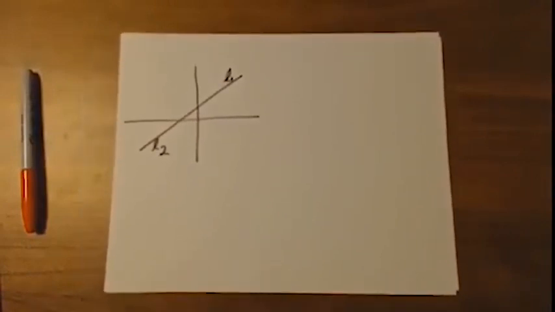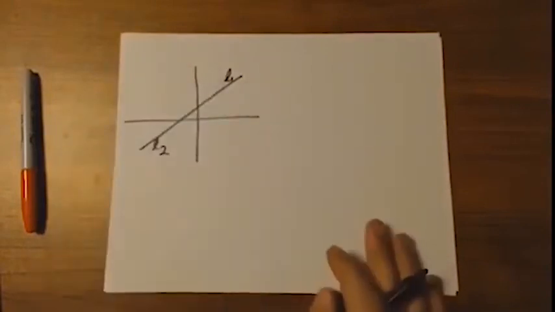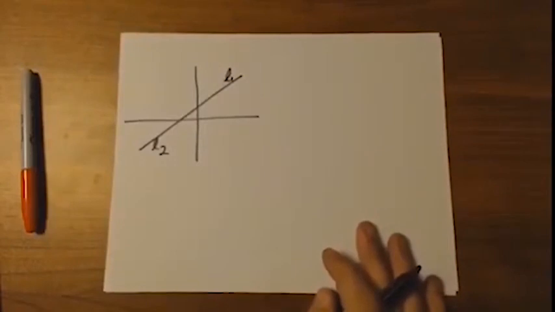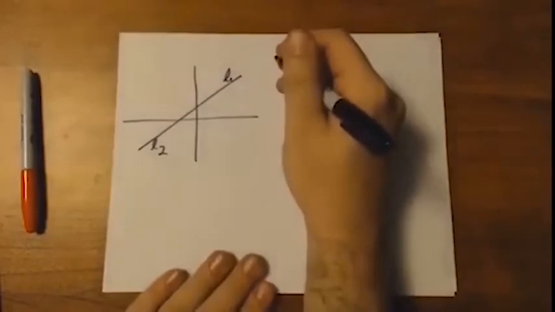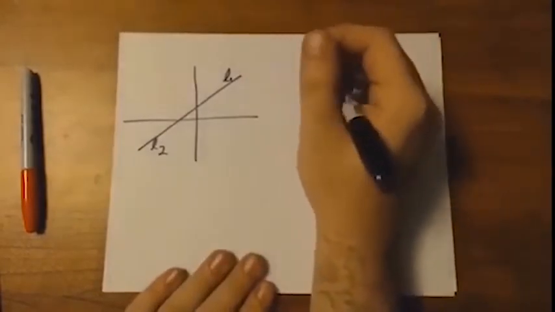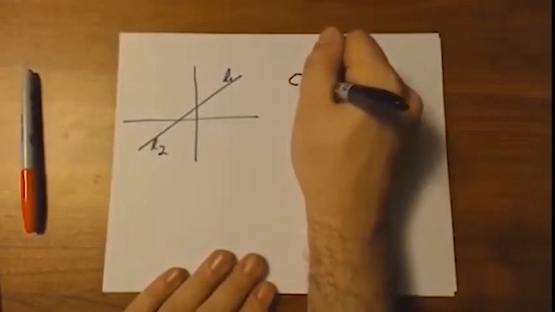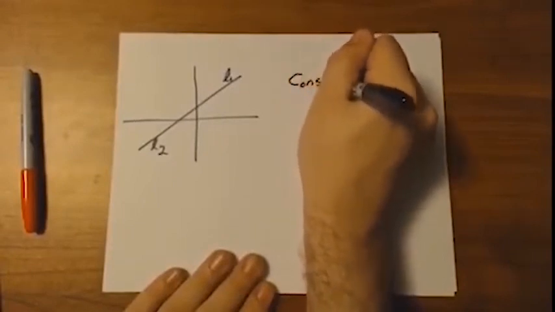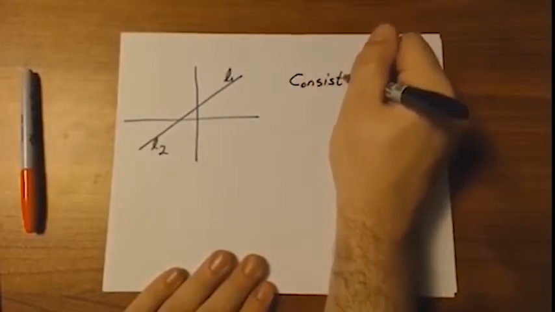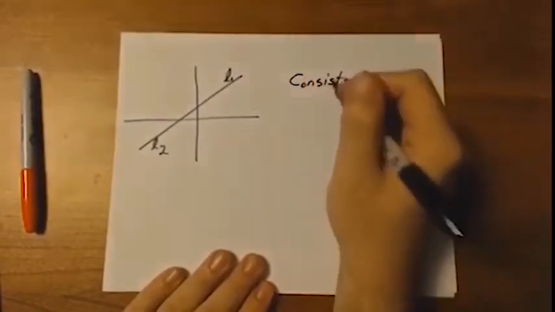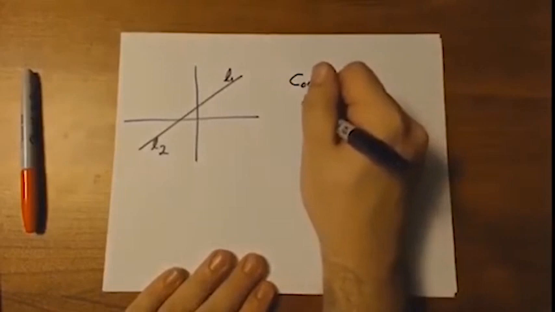Maybe we have two different equations that work out to the same line. We call this consistent and dependent.